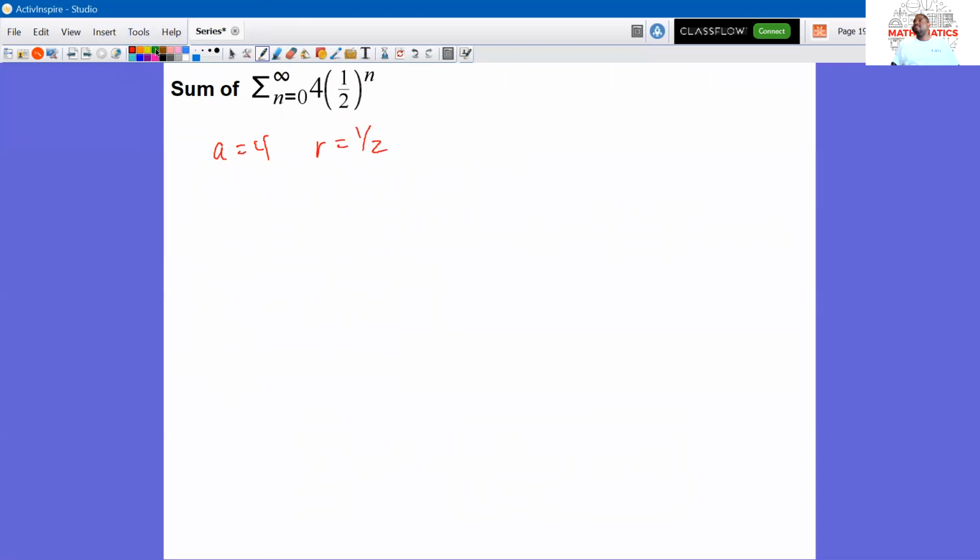But because of the infinity, okay, we have to use another formula. So S, call it S infinity. That's A over 1 minus R. Okay, A over 1 minus R. So here S infinity equals 4 over 1 minus 1/2.